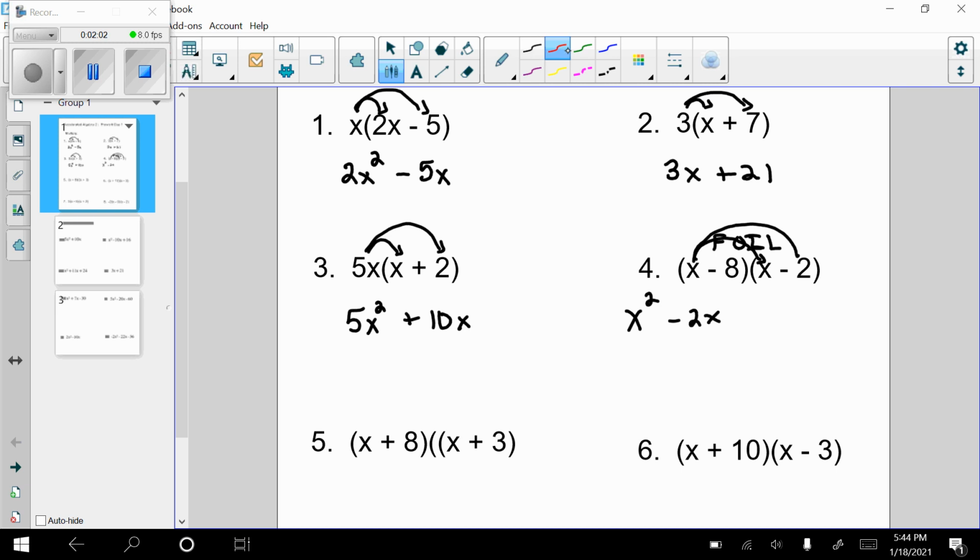And then the next letter is I, which stands for inside. So now I'm just distributing this negative 8. So I get a negative 8x. And then negative 8x times negative 2 is positive 16. So first, outside, inside, last. And then I can combine my like terms and simplify to x squared minus 10x plus 16.